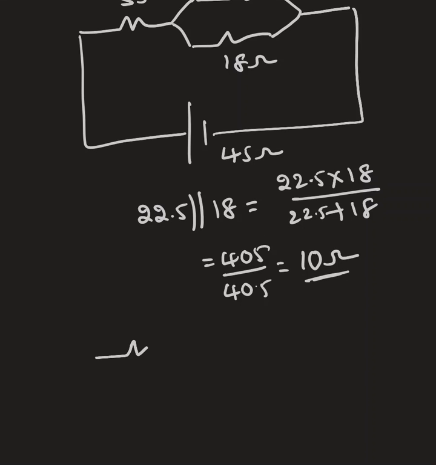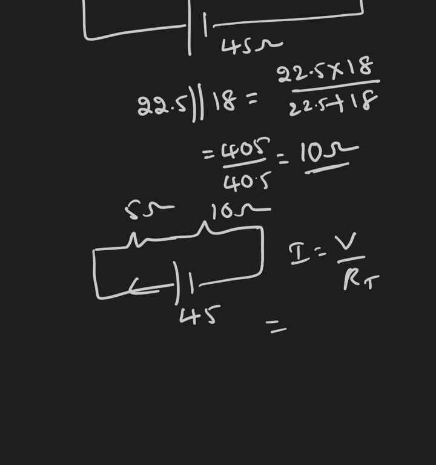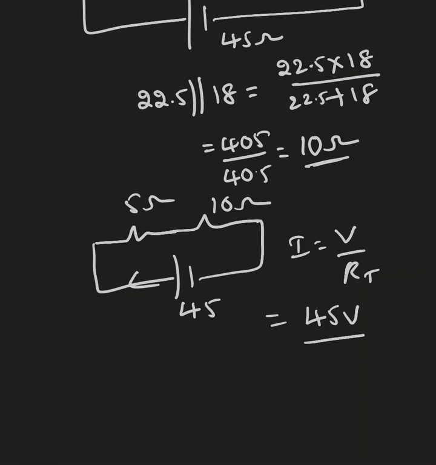Now I have 5 ohm in series with 10 ohm. So the total current supplied by the source is I equal to V over R total. I have V as 45 volt and R total is 15 ohm. So I equals 3 ampere in this case.